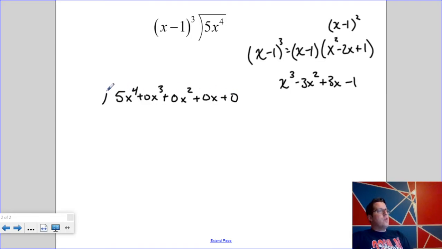Now, is this the only way to do this? No, of course not. There are many ways to do these types of problems. Okay, so I would need to multiply by 5x.